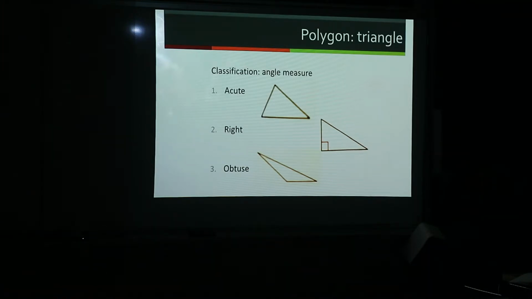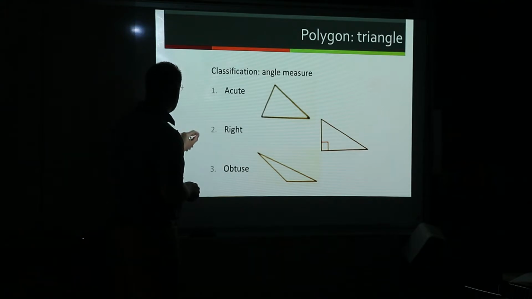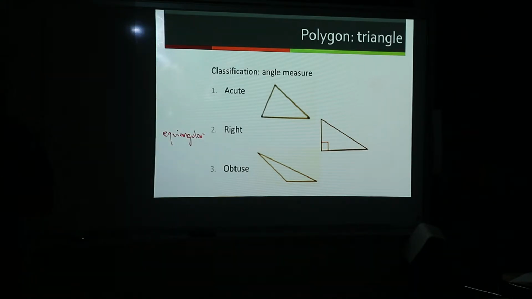Now the other word that we have that's not on the slide is called equiangular triangle. Equiangular triangles are triangles that are equal for all their angles. What you're going to learn later, in chapter 4 and then chapters 8 and 9, there's a couple chapters that go over triangles: if it's equiangular, it's also equilateral, and it's also regular.